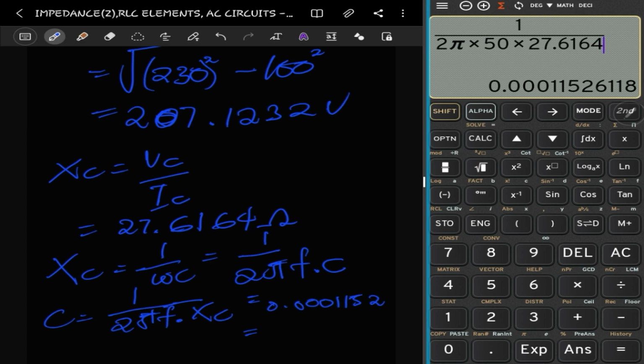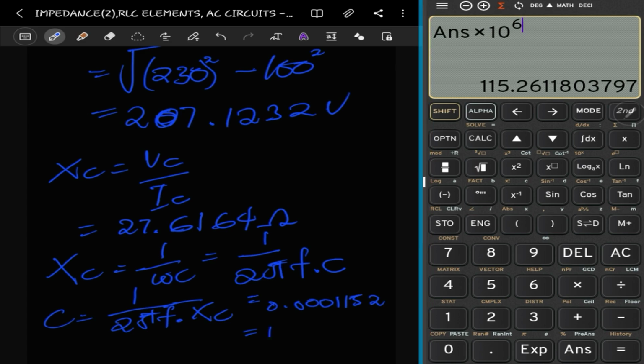Let's see if we can change it to micro. Right, so that's times 10 to the power 6. Yeah, so it's micro, so that will give us 115.2611 microfarad.